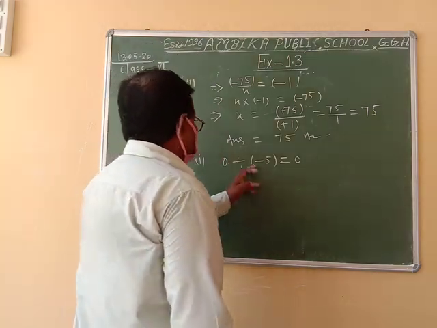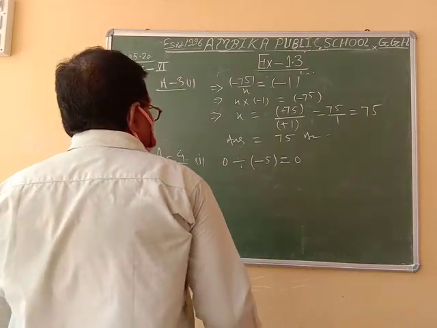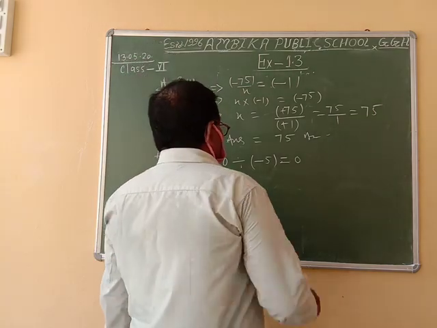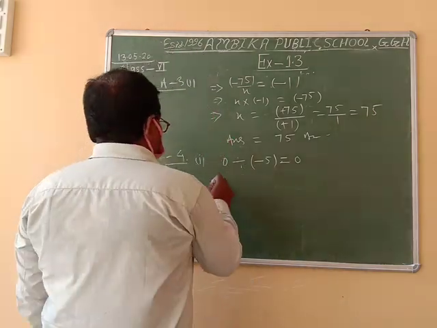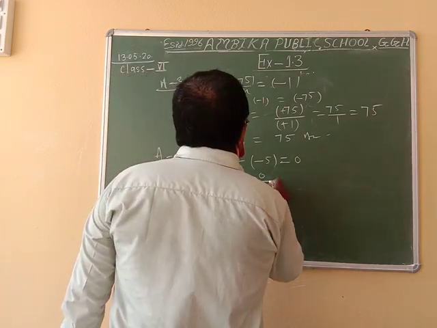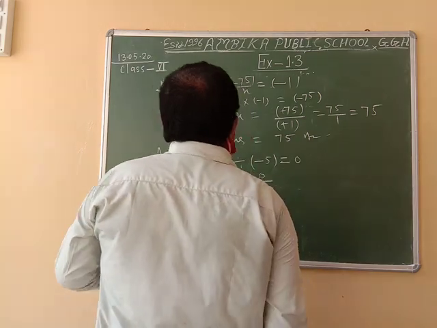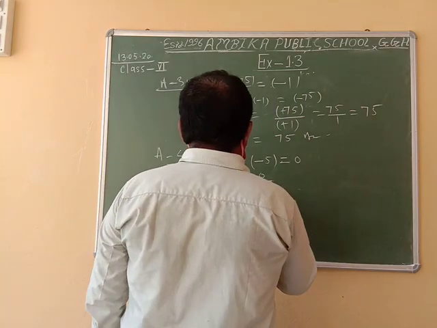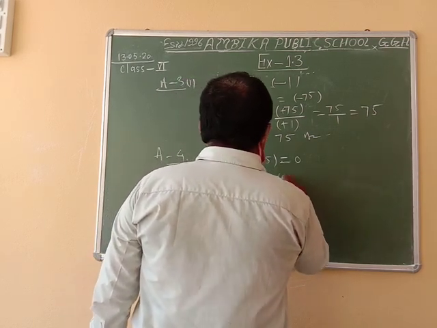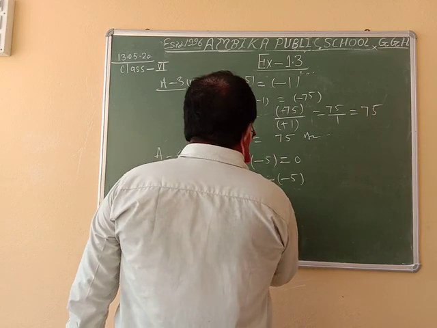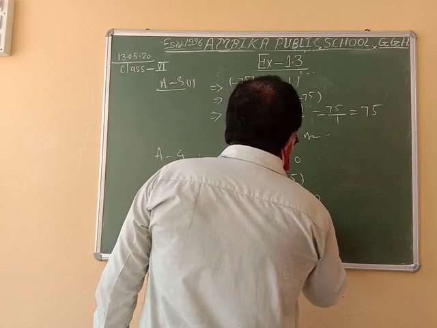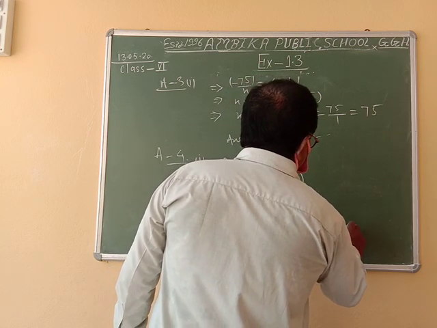We divide 0 by minus 5. We know that if a number is multiplied by 0, we get result 0. So 0 divided by minus 5 is equal to 0, hence the statement is true.